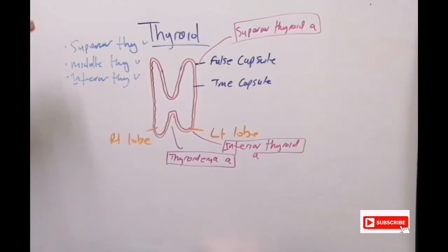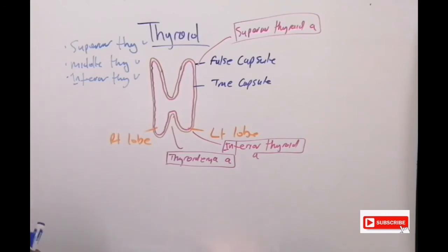The superior and the middle thyroid veins drain into the internal jugular vein, and the inferior drains into the subclavian, right? So this is the blood supply of the thyroid.